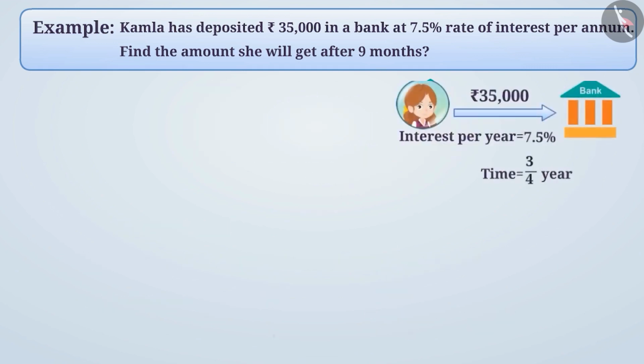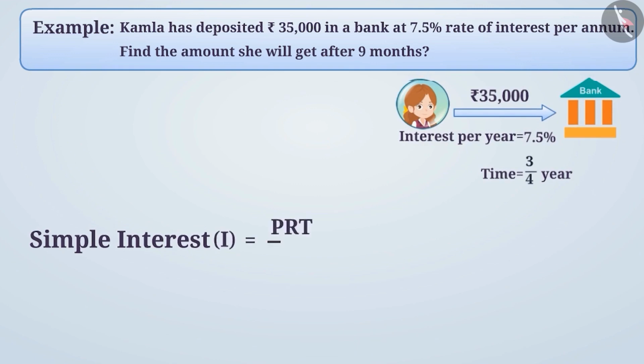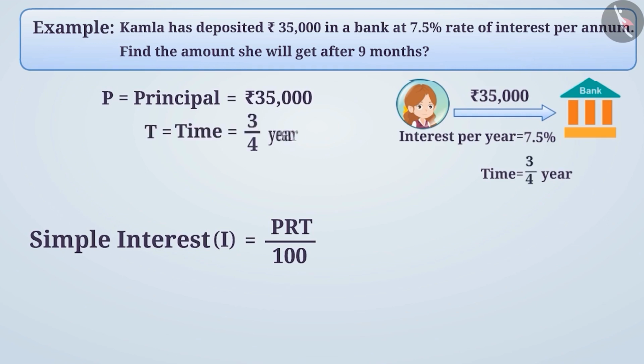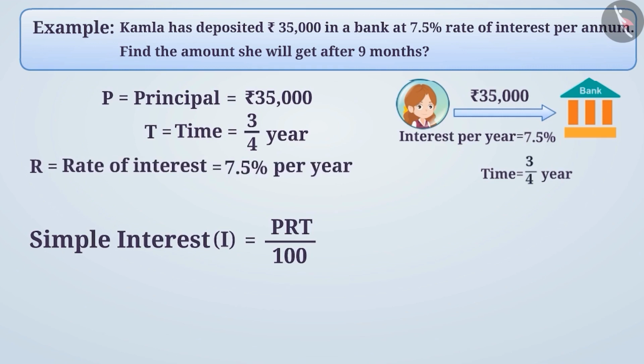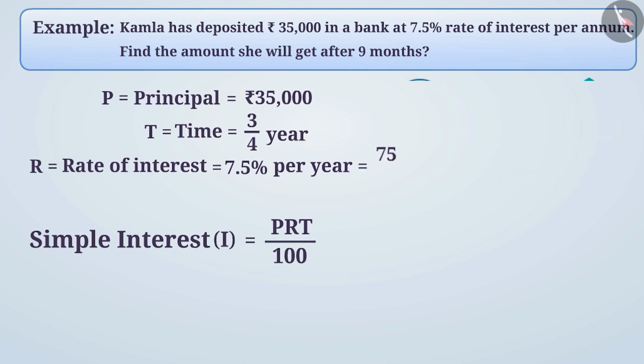Let's now find the simple interest. Formula to calculate simple interest is I is equal to PRT by 100. Here, I is equal to the simple interest. Here, P is equal to principal or rupees 35,000. T is equal to time or 3 by 4 years. R is equal to rate of interest, which is equal to 7.5% per year, which is equal to 75 by 10% per year, which is equal to 15 by 2% per year.